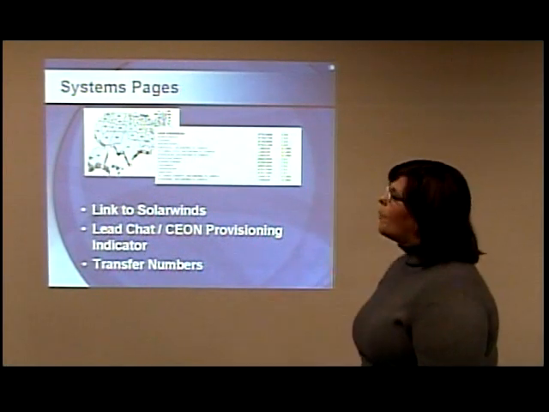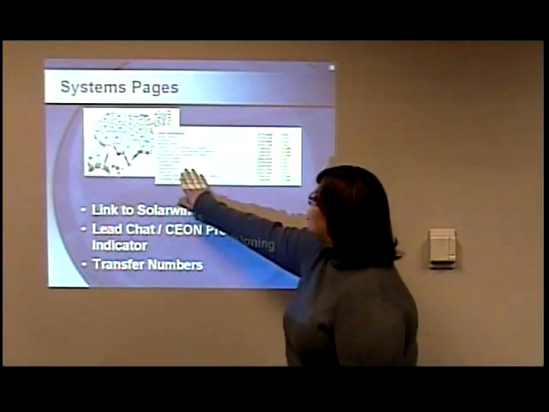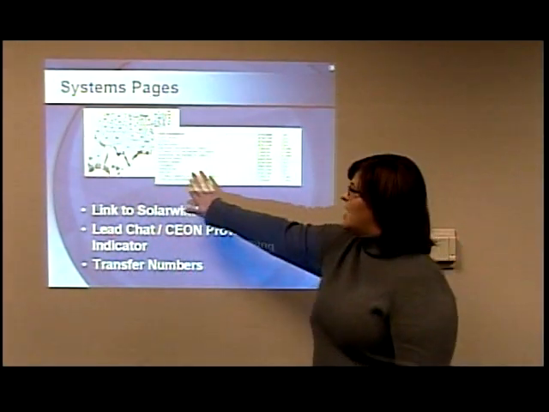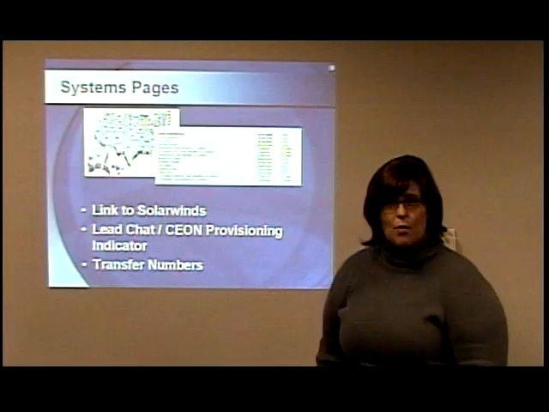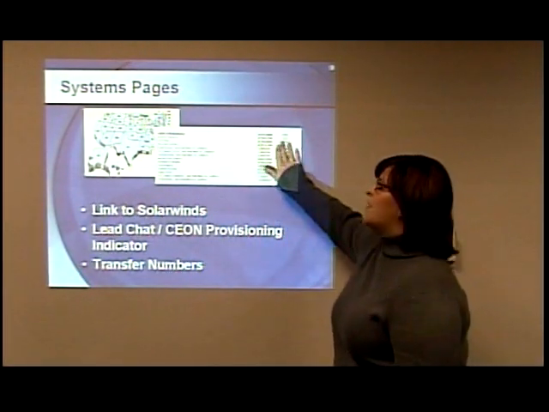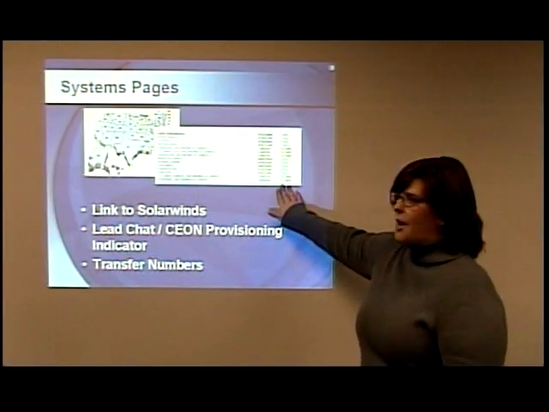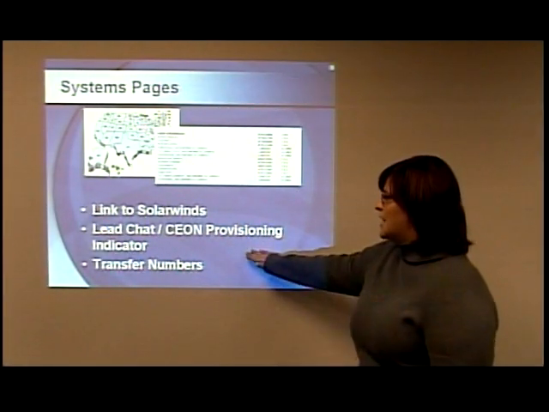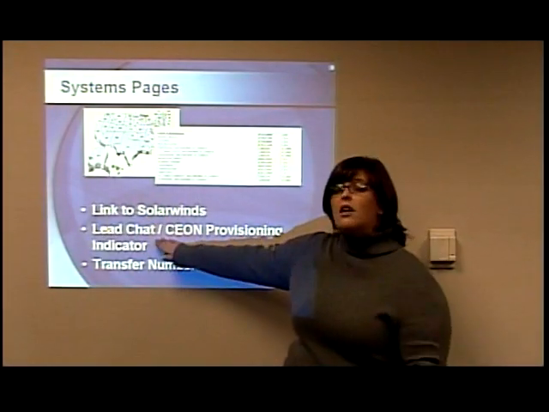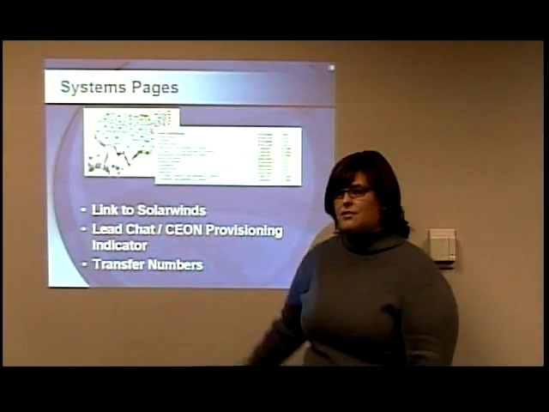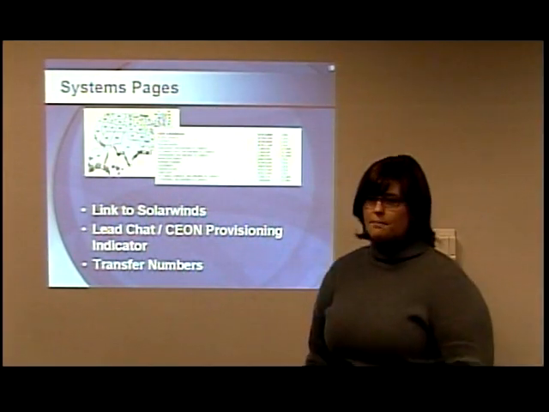The systems page pulls up this main map. You can click on any part of that city or any state that you want, and it's going to pull up everywhere in that surrounding area. It's also going to give you links to SolarWinds, lead chat, which is for your escalation team, CON provisioning, and any transfer numbers that you may need as well.